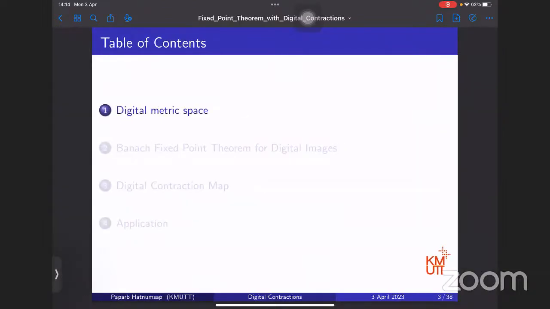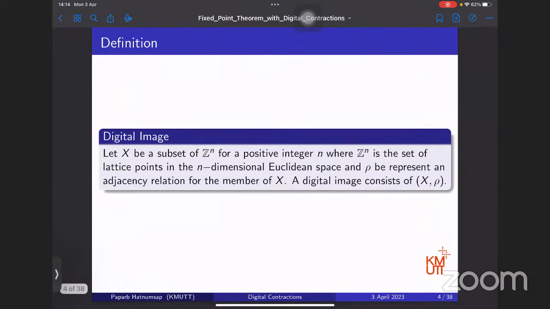The first is digital metric space. A digital image is a subset of the set Z^n, where Z^n is the set of lattice points in n-dimensional Euclidean space.